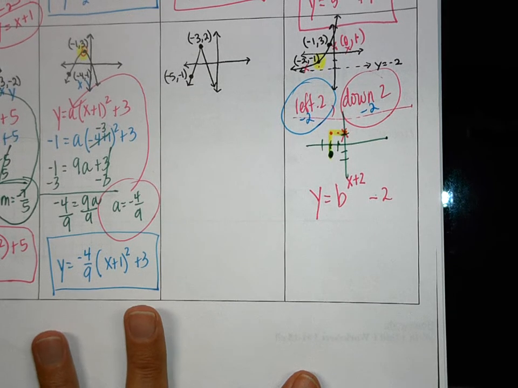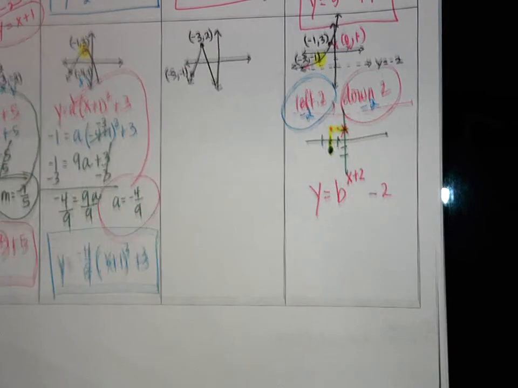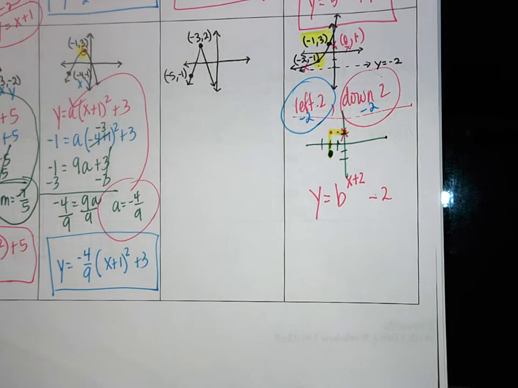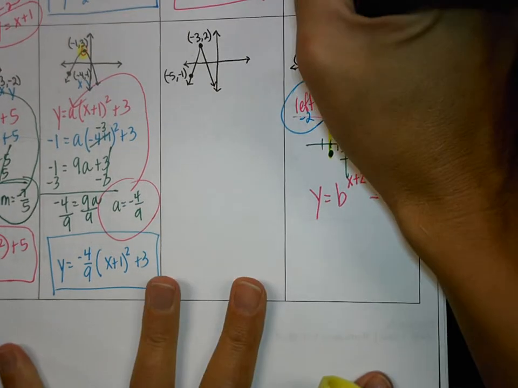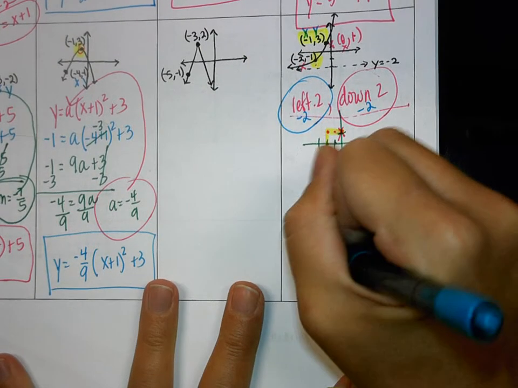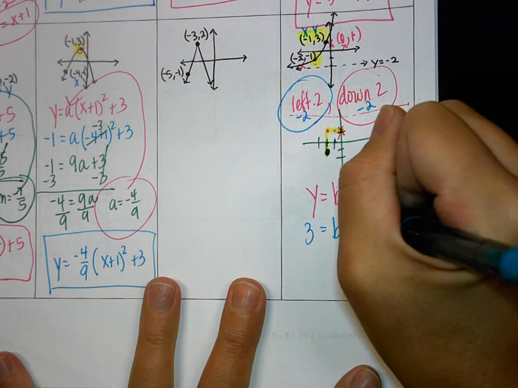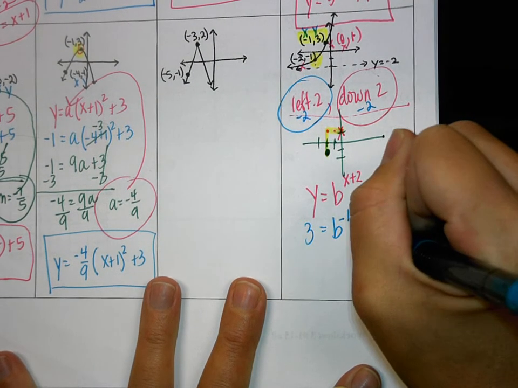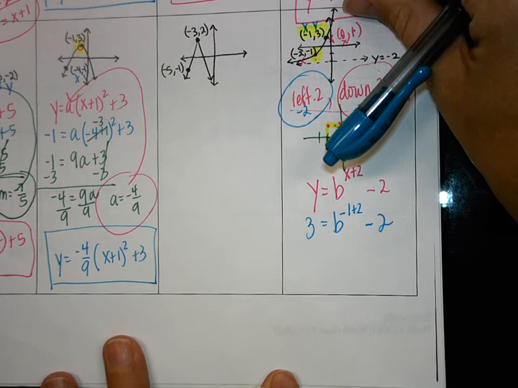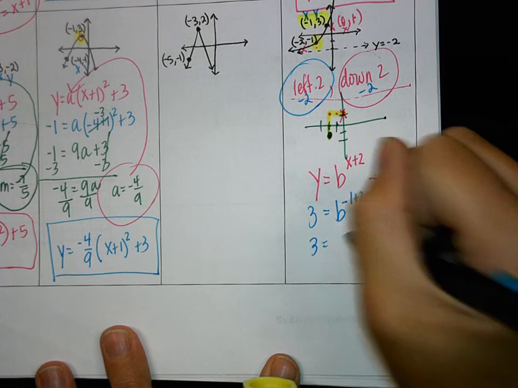Okay, we plug in our other point, and our other point is -1, 3. So we have our X and Y value. We get 3 equals B to the -1 plus 2 minus 2. Yes? Okay. -1 plus 2 is what? 1.